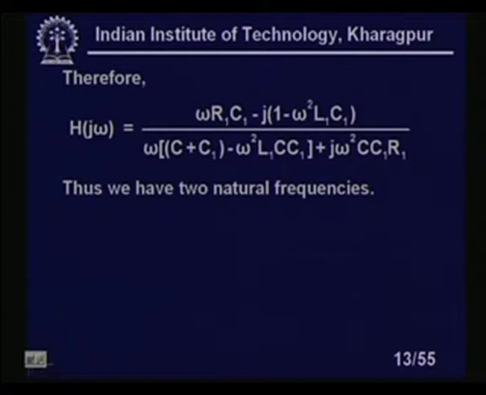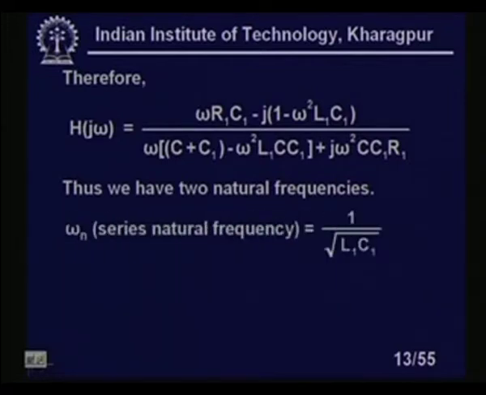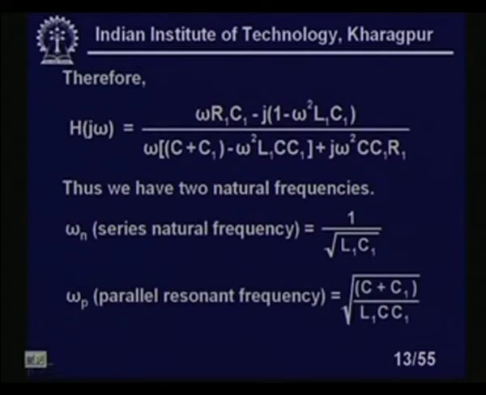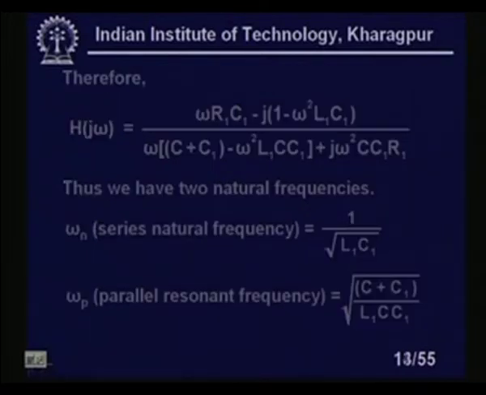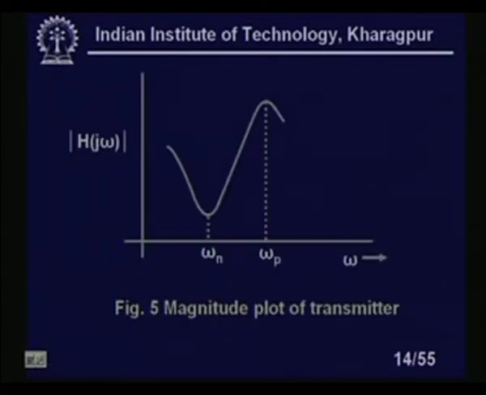Thus we have two natural frequencies: the series natural frequency, which is 1 upon root over L1 C1, and the parallel resonant frequency omega p, root over C plus C1 upon L1 C C1, all under the square root. Now you see the magnitude plot of this transmitter is like this.